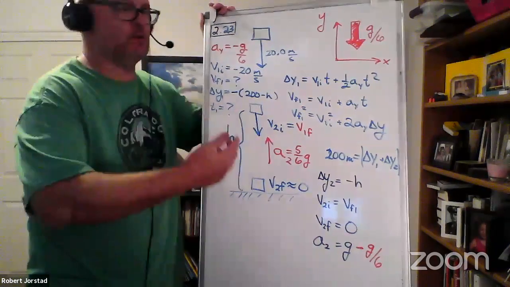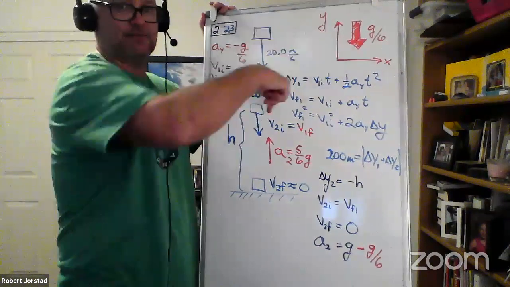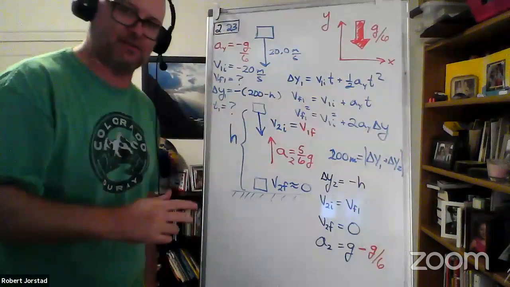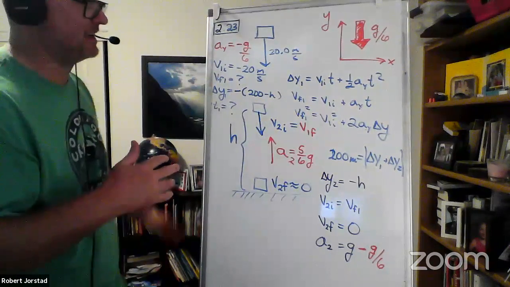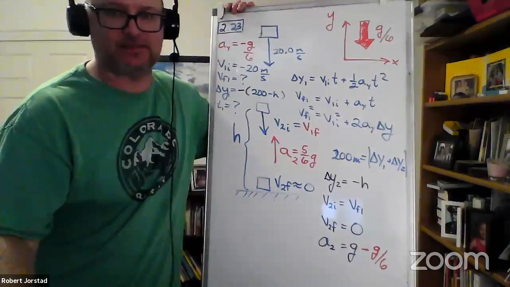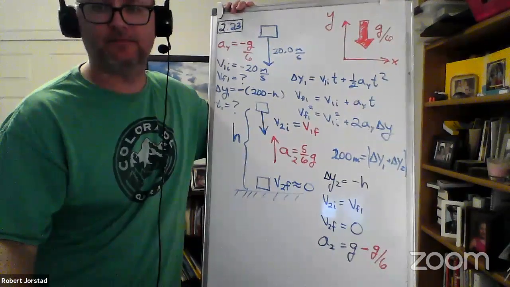But the moon is causing a force that would cause it to accelerate at g over 6 downwards. So the force from the thrusters up minus the force down, we will cover that more in chapter 5. This one is really pushing your limits. If you get confused on this one, that's fine. Use the solutions. It's definitely more 161 level than it is a 110 level.